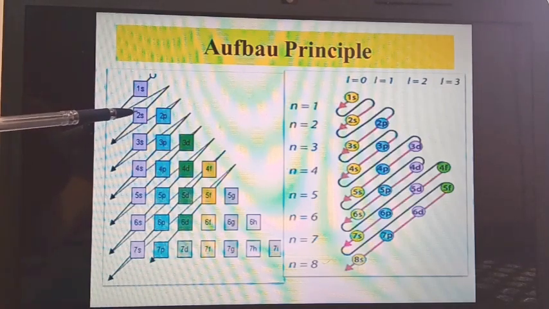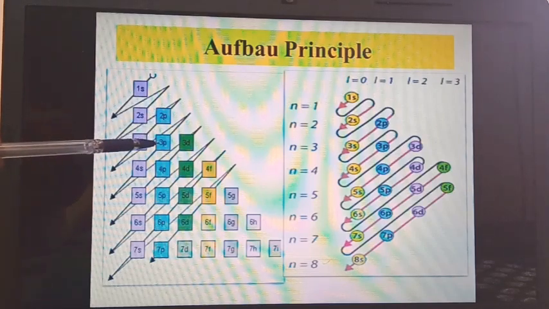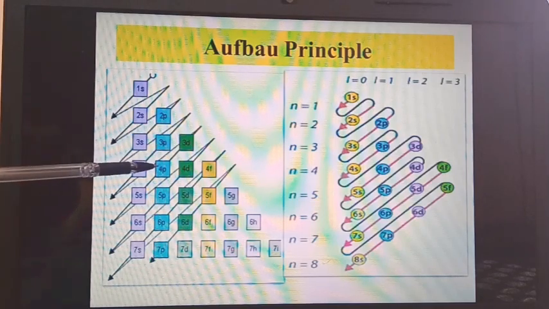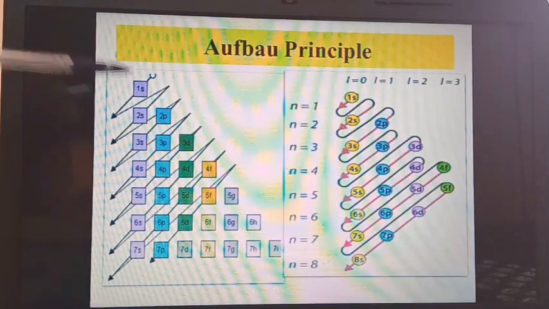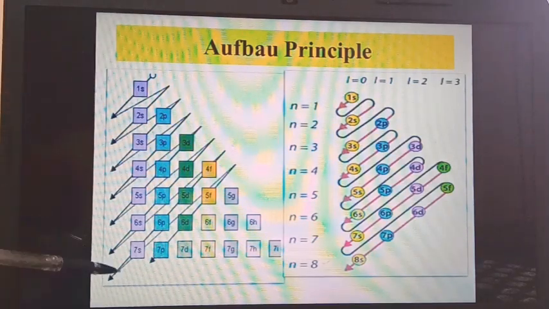Then 2s2, 2p6, 3s2, 3p6, 4s2, 3d10, 4p6, 5s2. Likewise in this direction these orbitals get filled. So by using this we can find the electronic configuration of any atom.